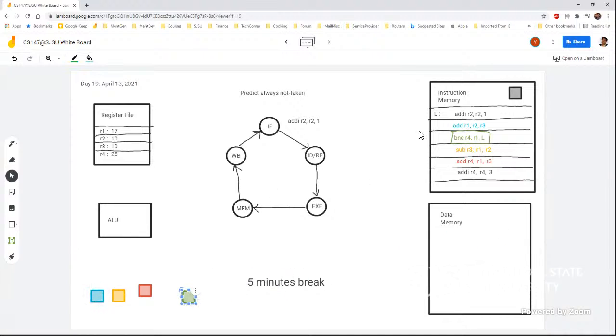Okay, so we fetch this instruction, and now for the next one, we are fetching this instruction.